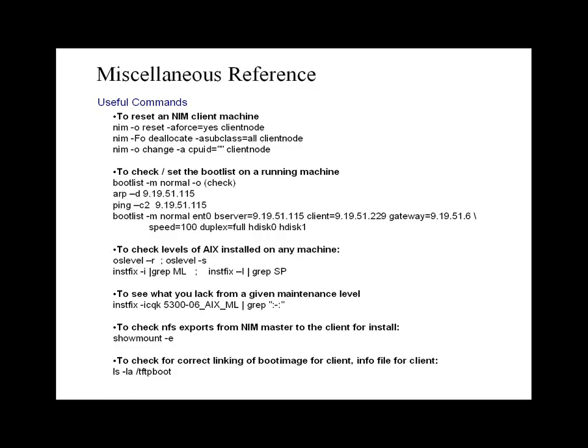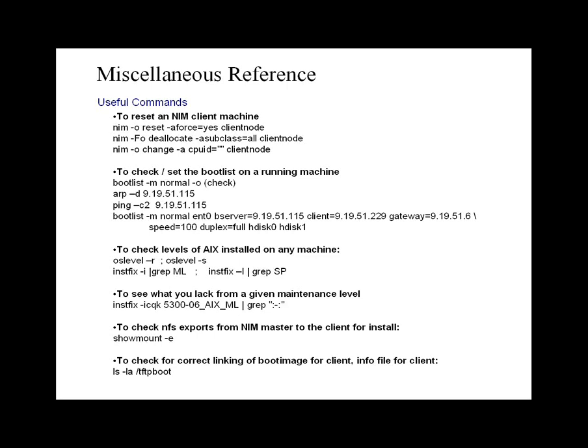If it's a physical adapter, I can set speed equals 1000, duplex equals full, or speed equals 100. On that bootlist command, I always add the root VG disks on the end. Because if network boot fails and I'm not on the console of the client, I want him to go ahead and boot up from his original root VG disk. So that's why you see hdisk0 and hdisk1 on the end there.